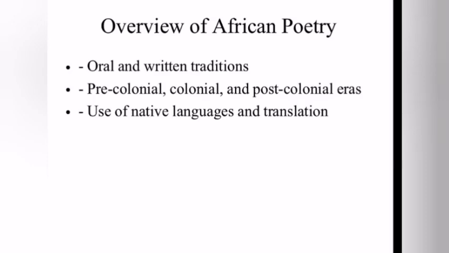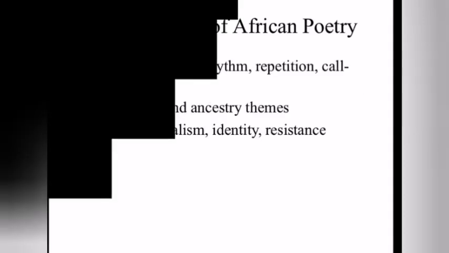One of our uniqueness is our language. Before the coming of English, people did not know how to read and write in English. We could just speak in our native tongue. So all of these things were characteristics of African poetry.